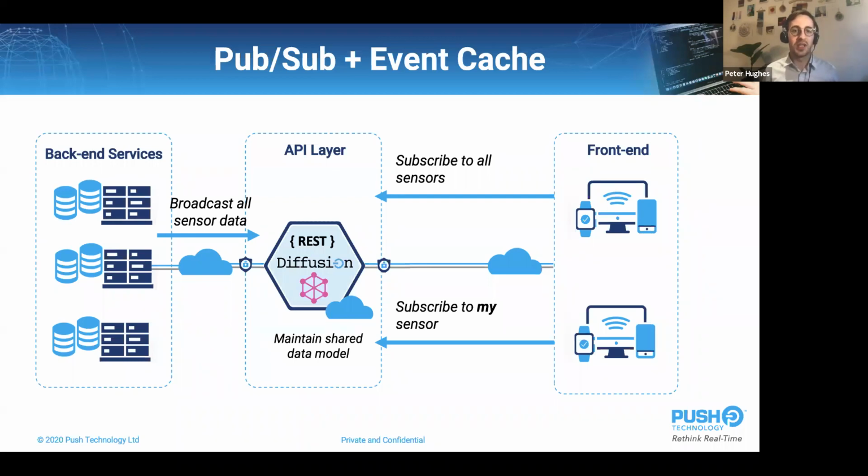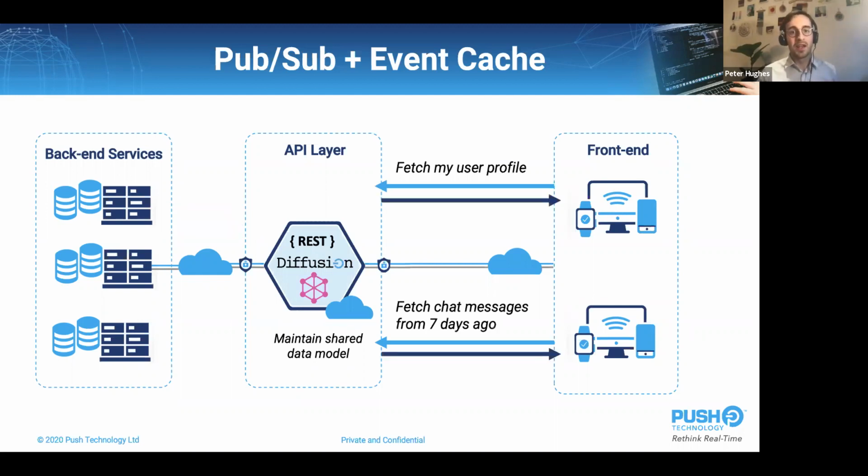And of course, the other side of this too is the API layer that provides an event cache. So it's not just about pushing data through Diffusion. It's about how Diffusion can hold on to these events, let you query and poll them.